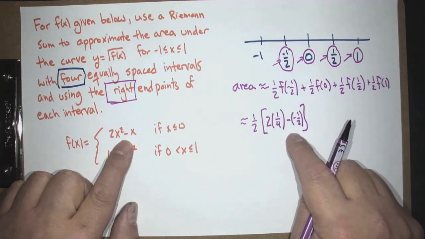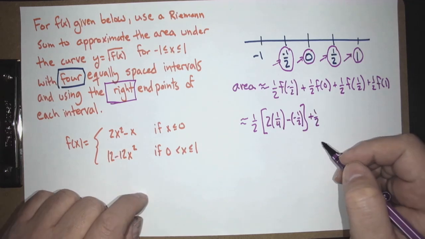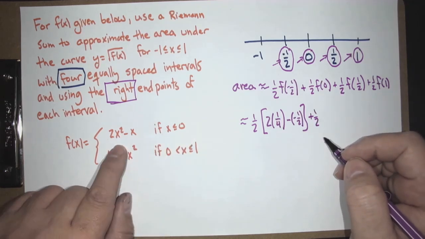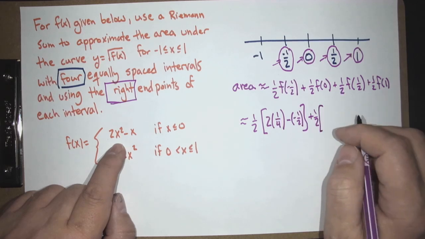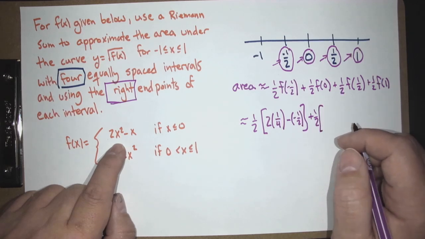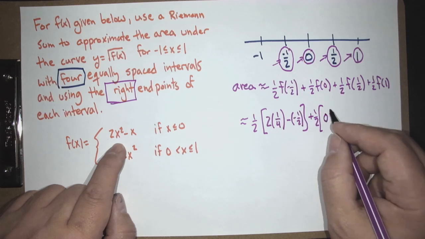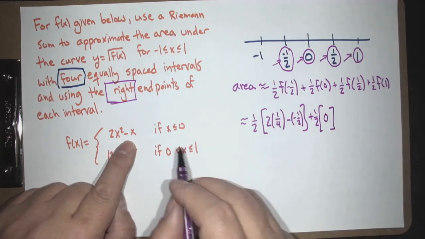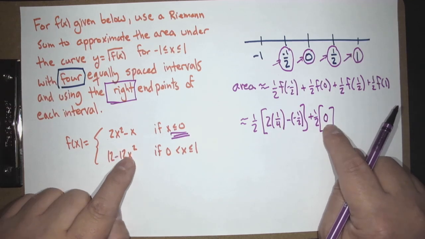We'll simplify that in a second. What do we get when we plug in 0? Can anybody see what the value is? 0, right? Because it's 0 minus 0. No, x is less than or equal to 0, and 0 is less than or equal to 0.